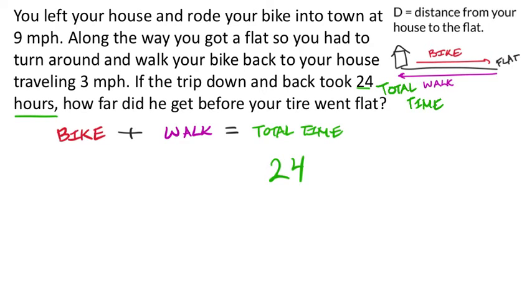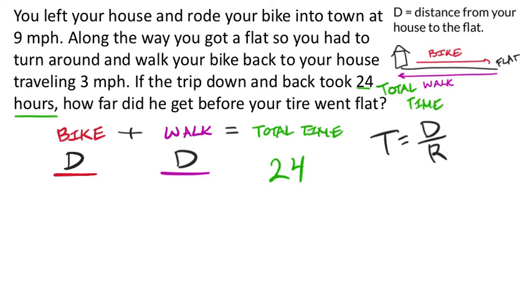So that means we're probably looking at some kind of time formula where it's going to be distance divided by the rate. Now, D is the distance we don't know. So in these two fractions for biking and walking, they're the same distance, by the way. So you take some distance to bike, you take the same distance to walk.